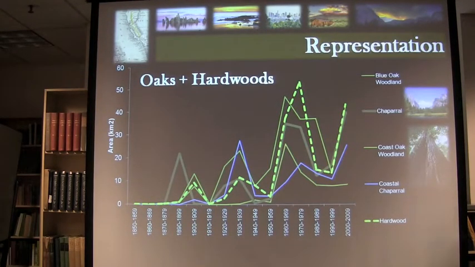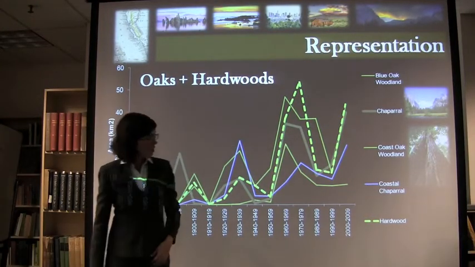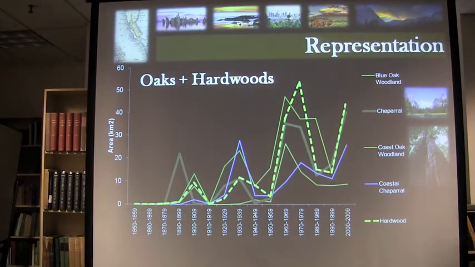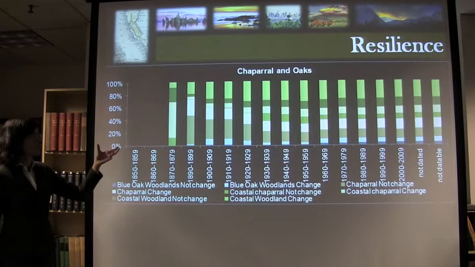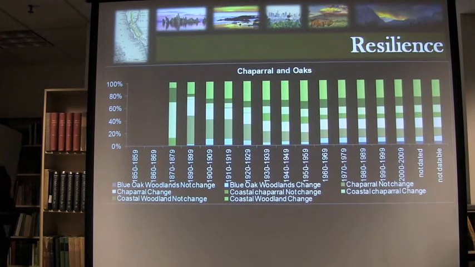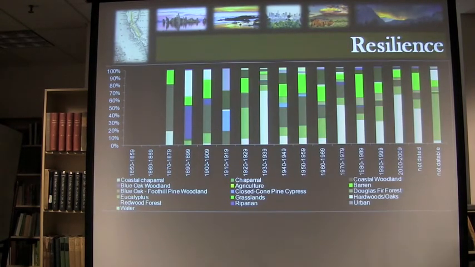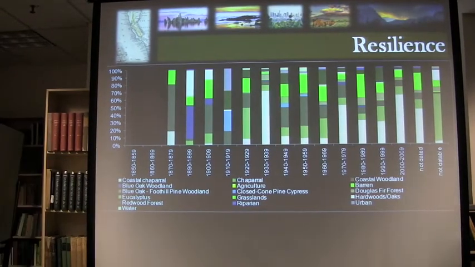And so this just shows you the progression of acquisition through time. In terms of change, chaparral and oaks, they seem to be changing within themselves rather than changing to other land cover types. As you can see here, if you can pinpoint the different colors from the back.